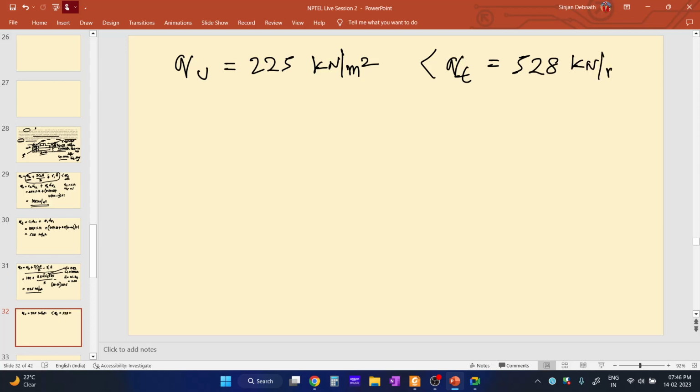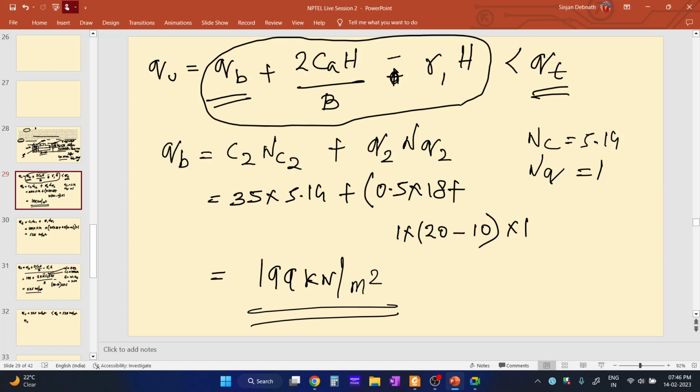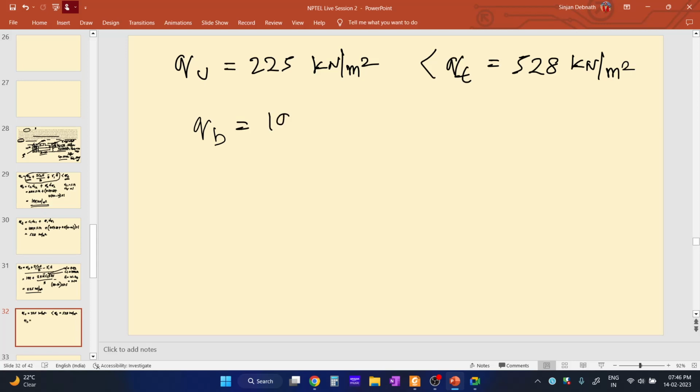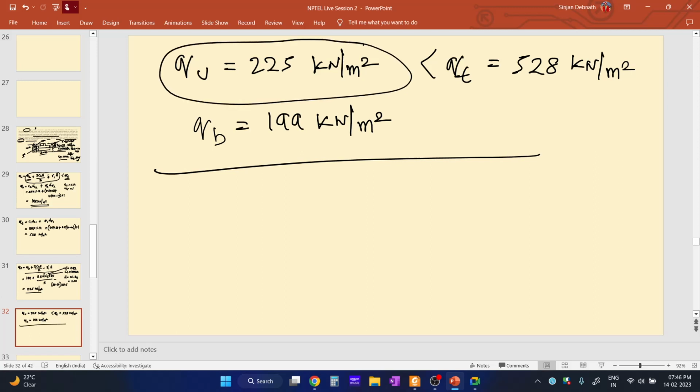And QB, that is the bearing capacity of the bottom layer, is 199 kilonewton per meter square. So this is the answer. It is satisfied that it is less than the bearing capacity of the top layer. So the bearing capacity of the two layered soil system is 225 kilonewton per meter square.